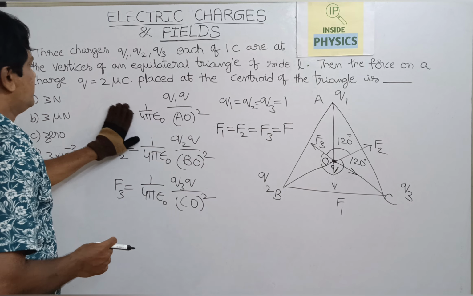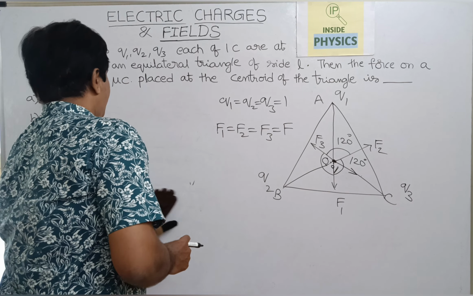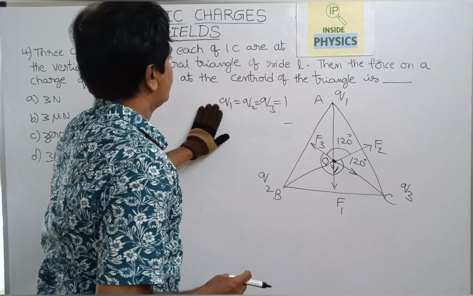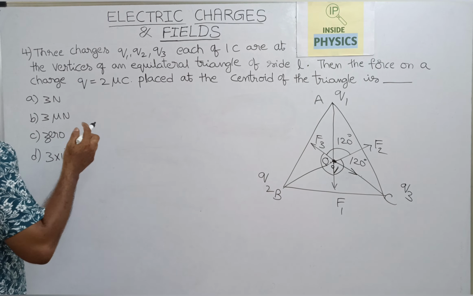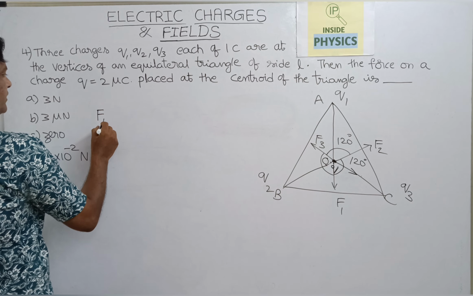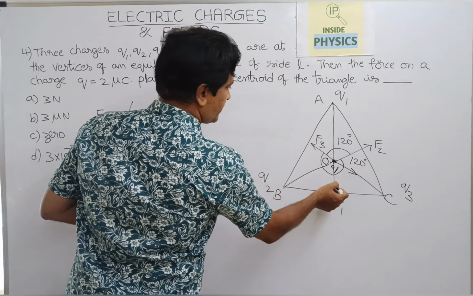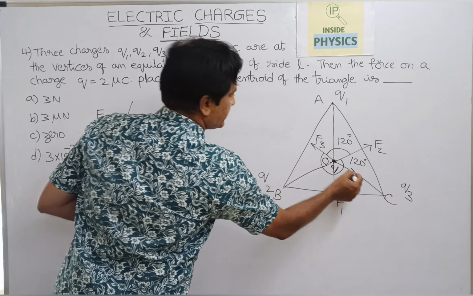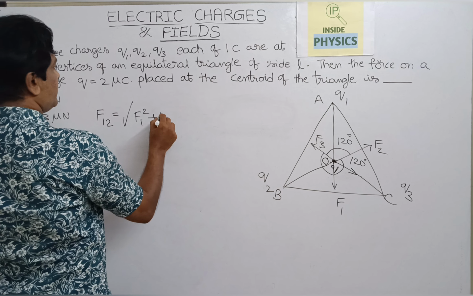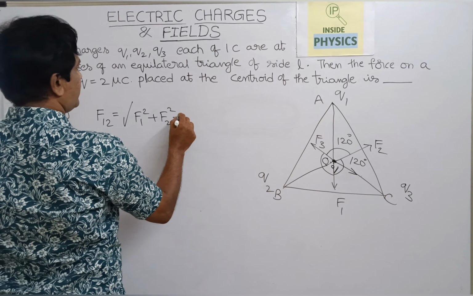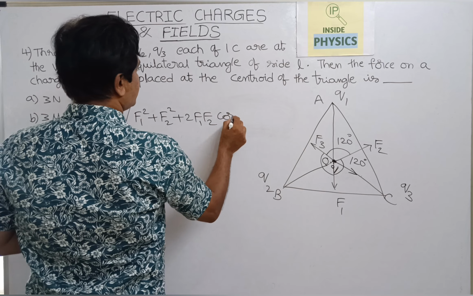By using the formula of the parallelogram law, we can get the resultant. So the resultant F12, the resultant of F1 and F2 in this direction, is equal to root of F1 square plus F2 square plus 2 F1 F2 cos theta.